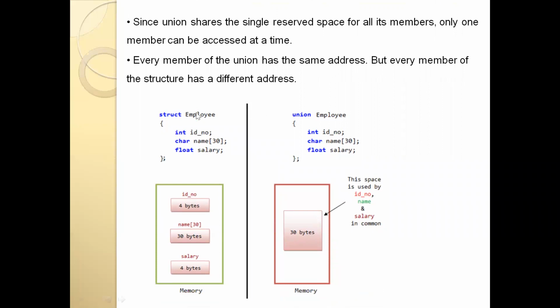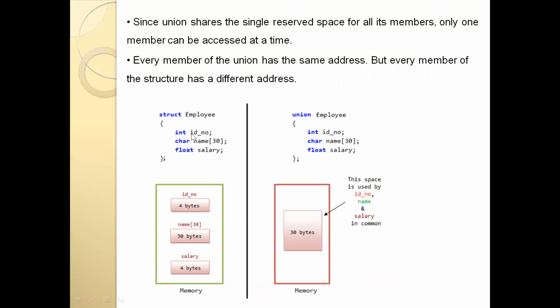Okay, now see one more example. Here I have created an employee structure, and here I have created a union, the employee union or employee record. In the employee structure, I am storing ID number, name, with a name size of 30 characters, and salary. In the employee union also, the same members. Now see how much memory is allocated for this employee structure.